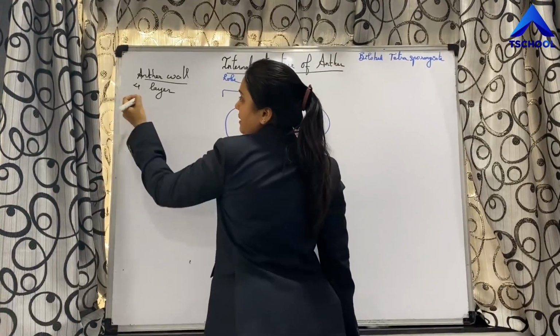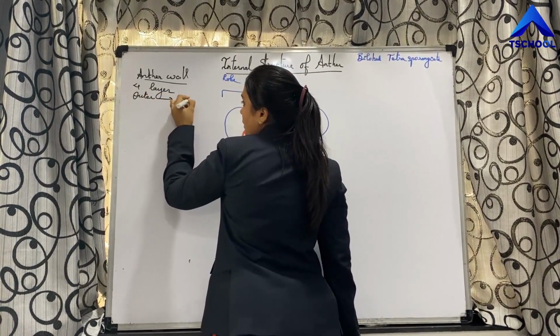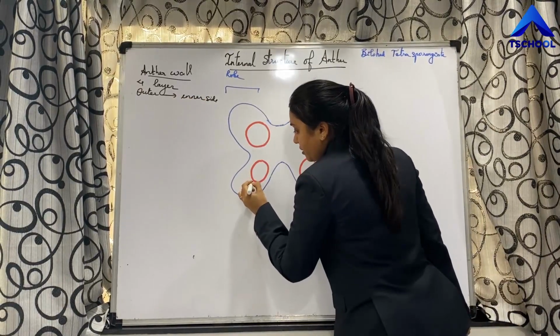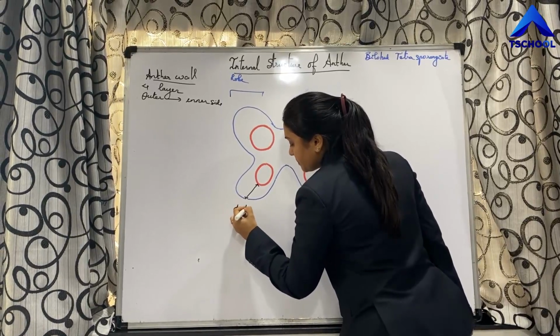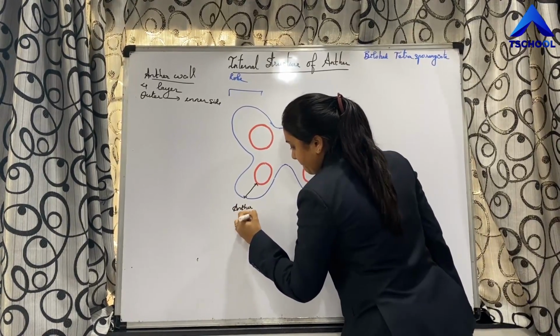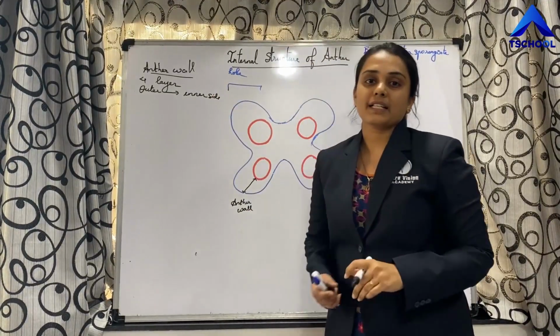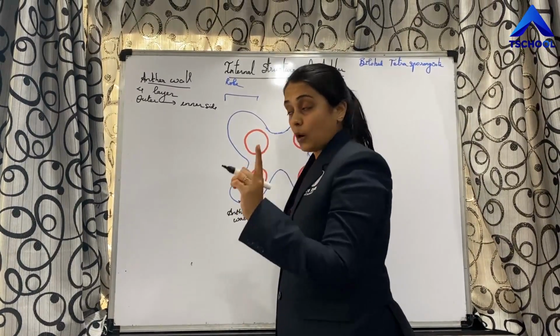We are studying these layers from outer to inner side. So this is the anther wall. This is microsporangium. This anther wall is made up of 4 layers. Which are those 4 layers from the outer side?